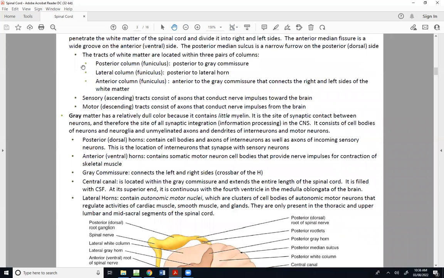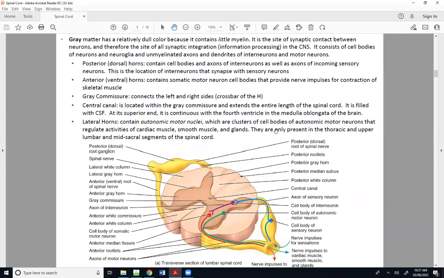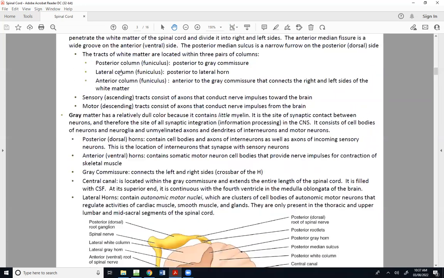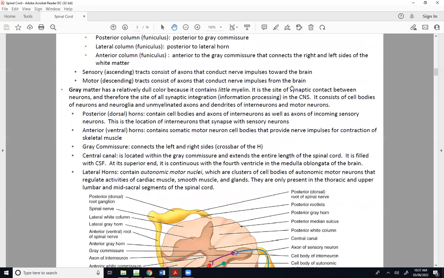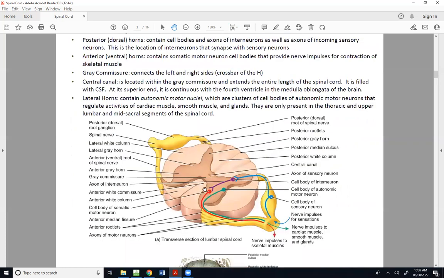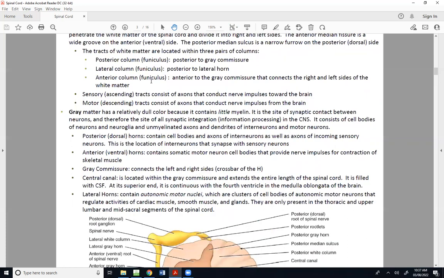Let's talk about the tracts of white matter and where they're located within what we call three pairs of columns. That includes the posterior column or posterior white column, which also goes by the term posterior funiculus, which is posterior to what we call the gray commissure. There are two lateral columns, posterior to the lateral horns, one right here, and then where that anterior median fissure is, we find what we call the anterior white column, or the anterior white funiculus.